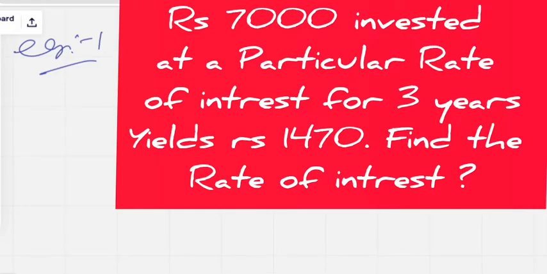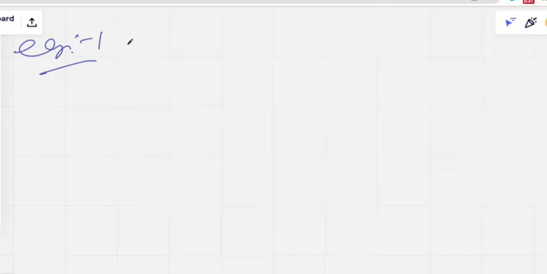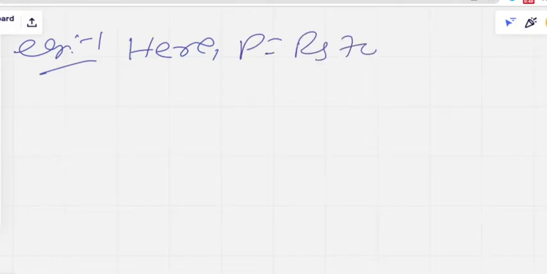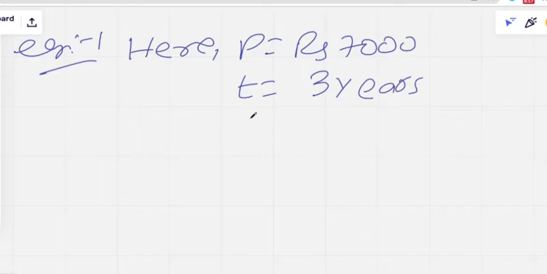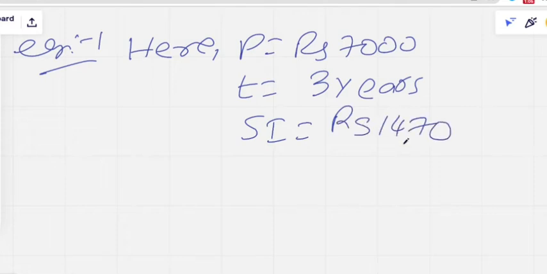In the question, what they have given is the principal amount 7,000, the time period of 3 years, and the simple interest earned in these 3 years is 1,470. They're asking us to calculate the rate of interest.